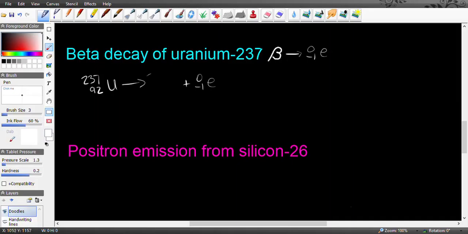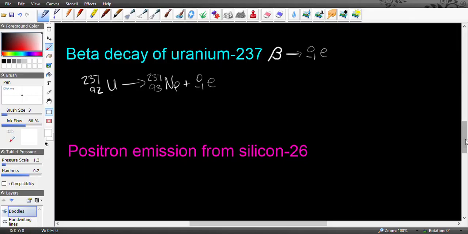So it's going to be 237, because 237 plus 0 equals 237. And then this is where it changes. Since the neutron turns into a proton, we're going to have more protons now. So 93 minus 1 equals 92. And it changed to neptunium, NP.